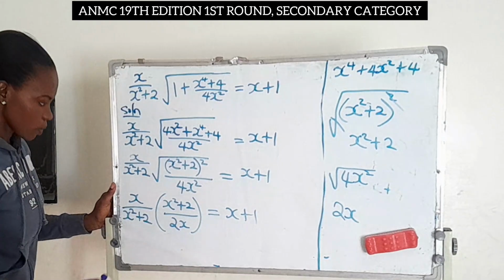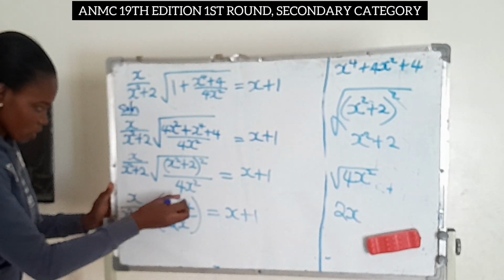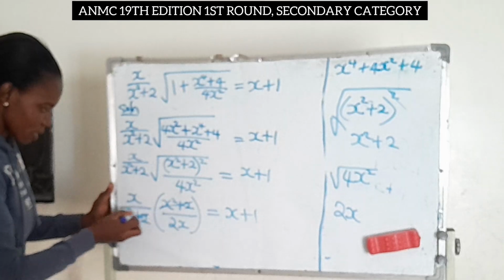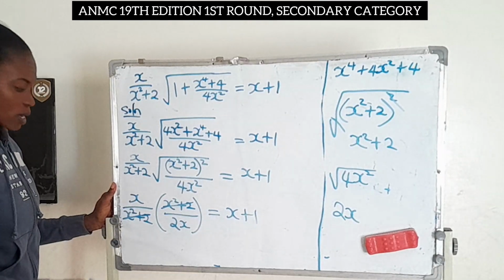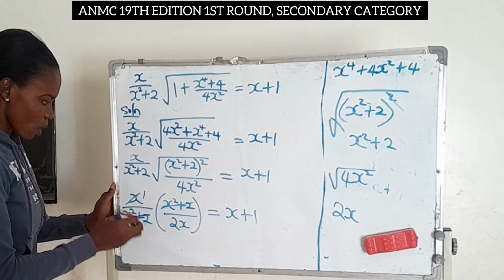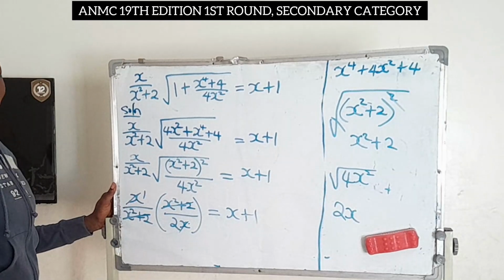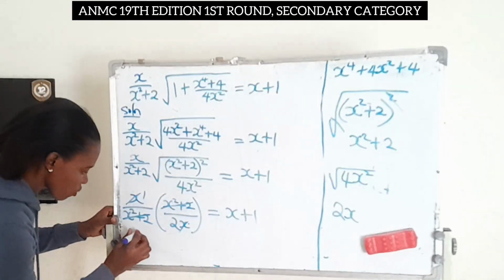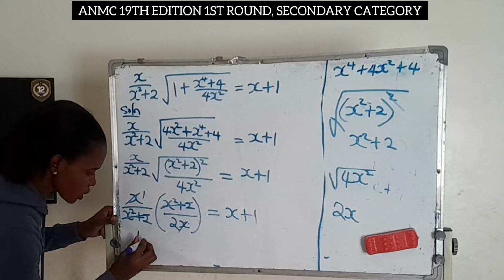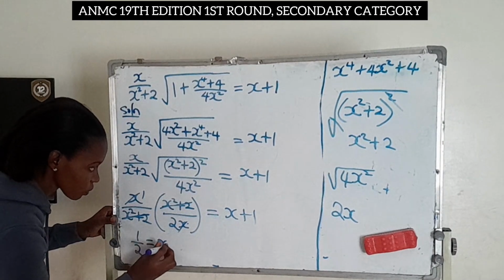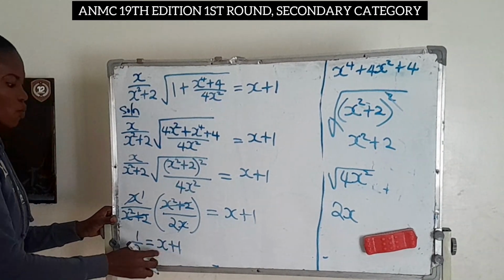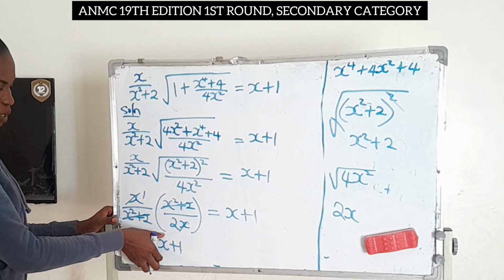Are we getting it? Okay, so this term here is exactly as this term here. It can cancel out, right? x squared plus 2 can divide itself to give 1. x goes into x. We are left with only 1 over 2. Okay, so we have 1 over 2 is equal to x plus 1. We are looking for x. We want only x to stand alone.